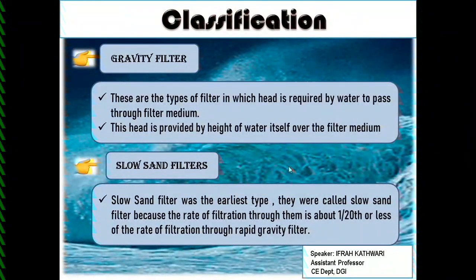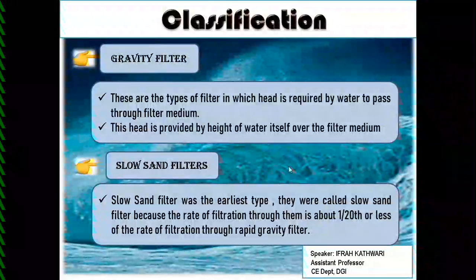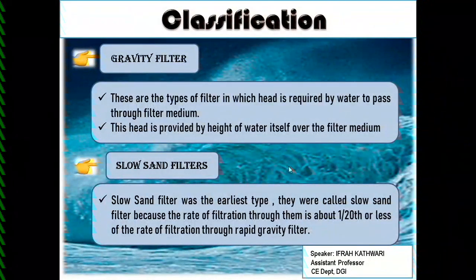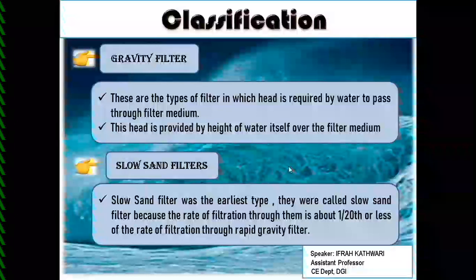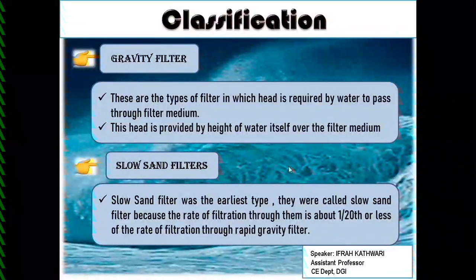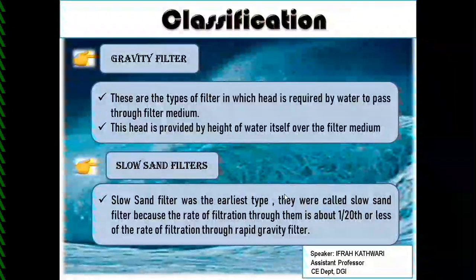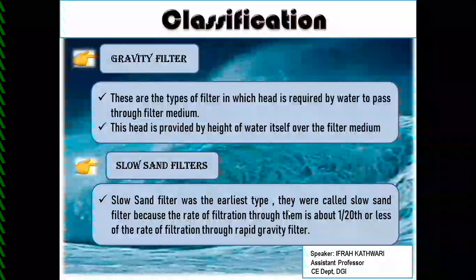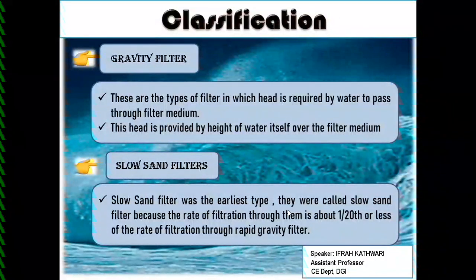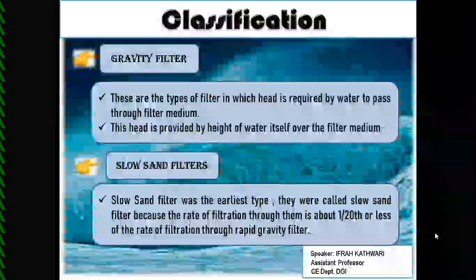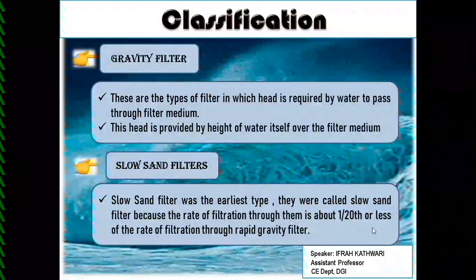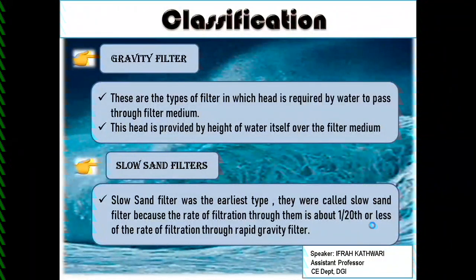This increases the cost: there is an increased cost of installation and cost of labor, so it's not economical, and it takes a lot of time, so it is not in use right now. It was used earlier. The rate of filtration in this process, as I already told you, is 1/20th of the rate of filtration of rapid sand filters. So it is not recommended nowadays.